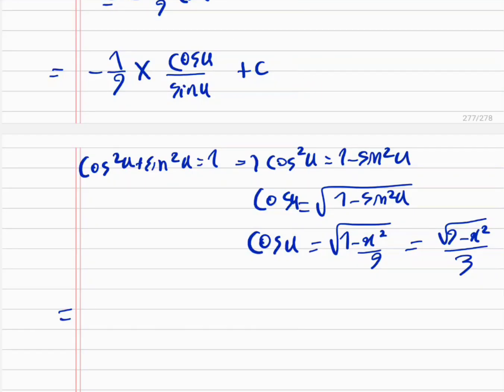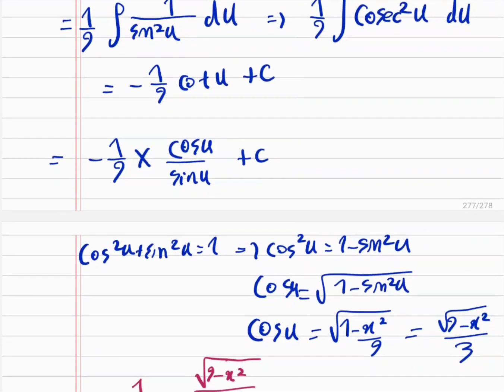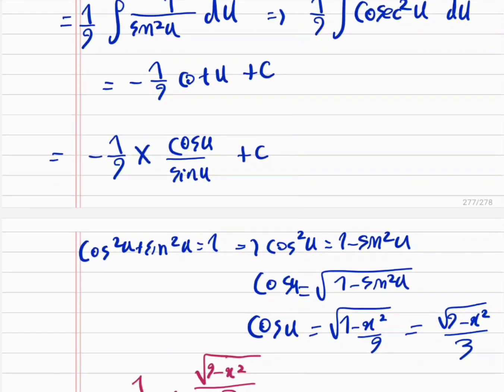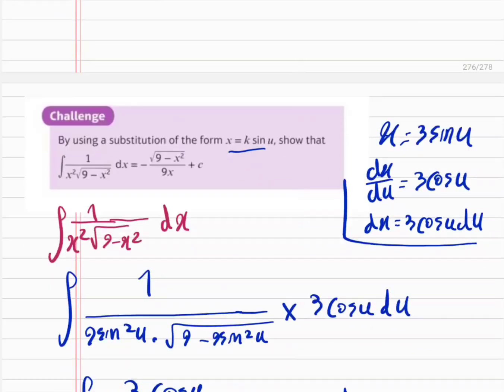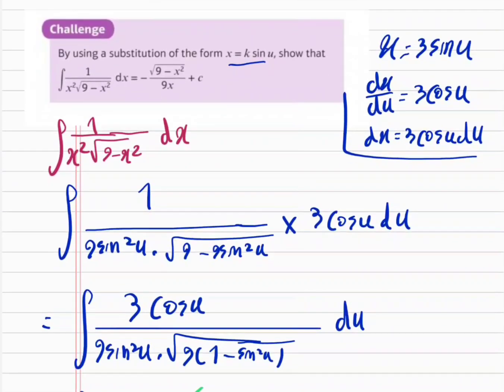So finally, we have minus 1 over 9 times, for cos u we substitute root 9 minus x squared over 3, and for the other part, which is sin u, we substitute x over 3.